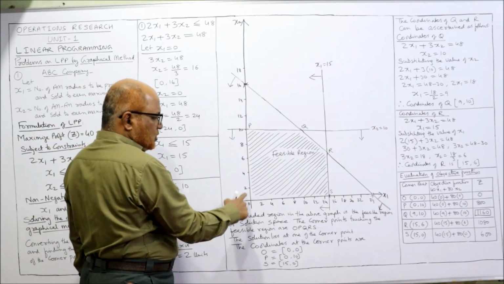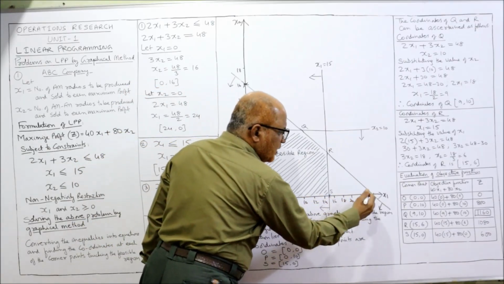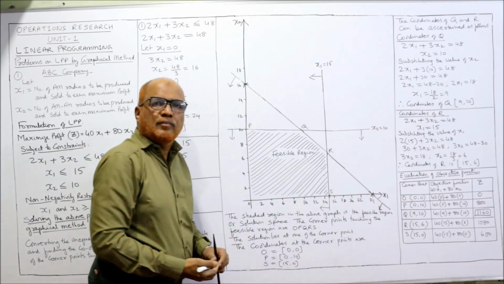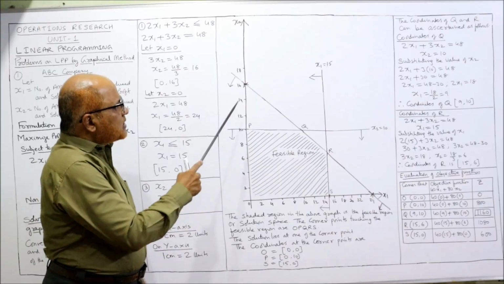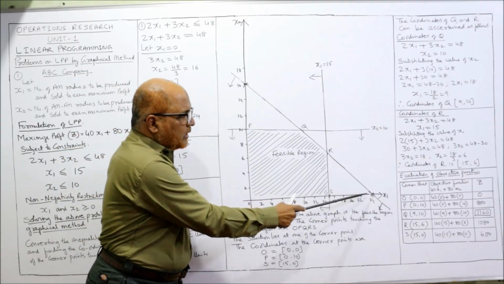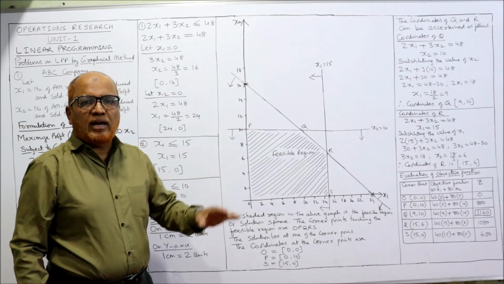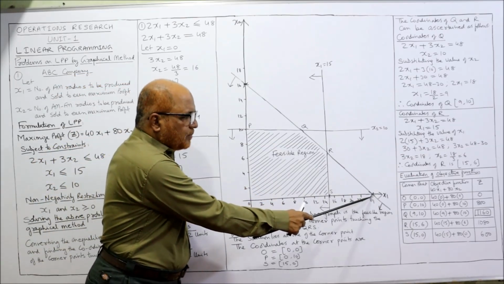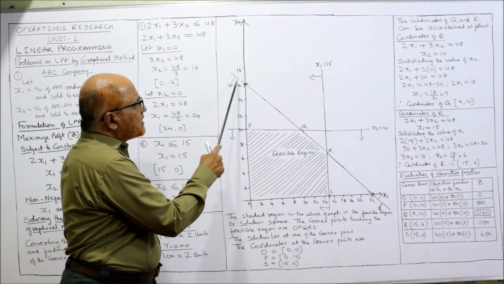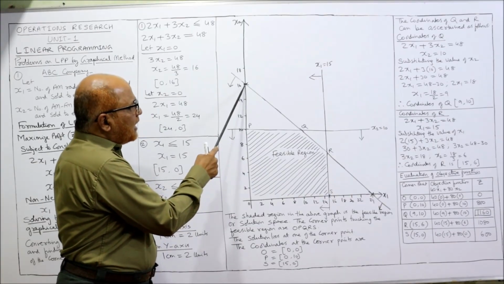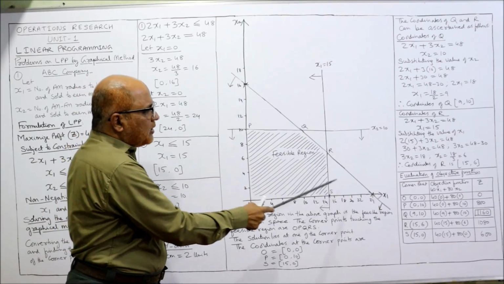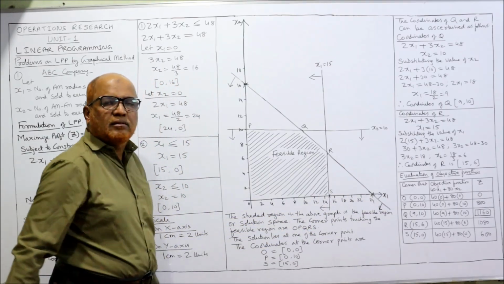This is x2 0 and this is x1 24. Now 2 marks we have, 16, 24. Now with the help of a scale, draw a straight line joining these 2 points and extending to some extent. Extend the line to some extent beyond the axis.